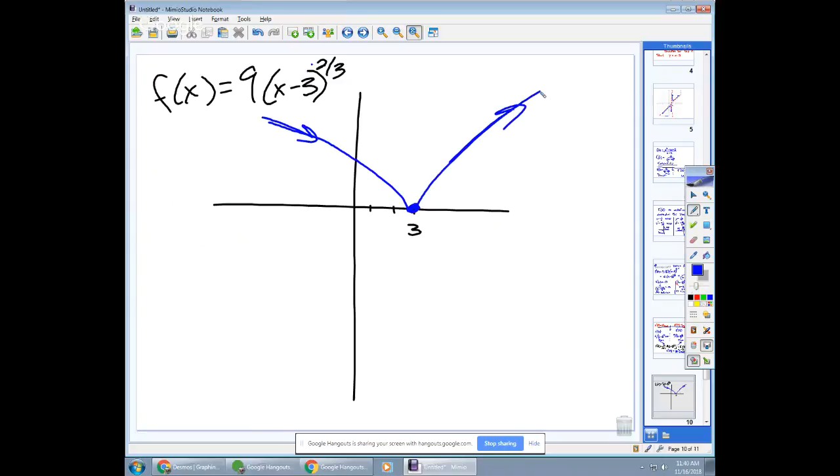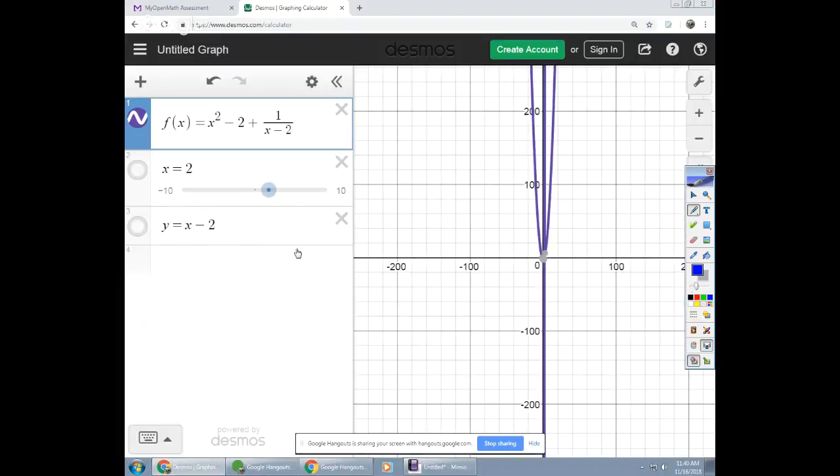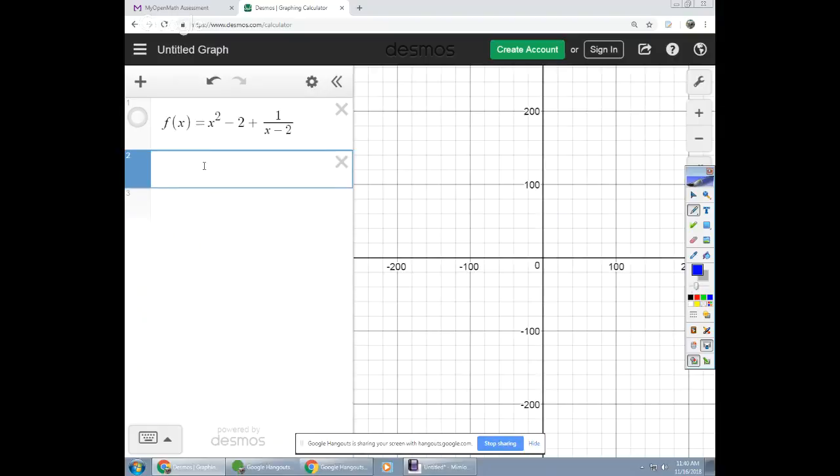Okay. I know many of you have already asked your graphing calculator what it looks like. Let me catch up to you here. We better call this g of x equals 9 times parentheses x minus 3 raised to the power 2/3. I think I need parentheses otherwise.